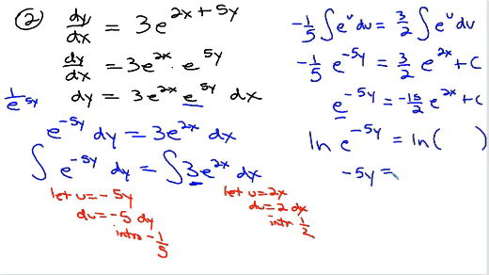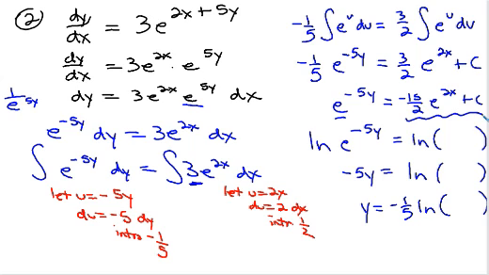On our right-hand side, we have the natural log of this mess. And then I divide both sides by -5. So y equals -1/5 times the natural log of that mess, this thing up here. And that is a general solution. Like it or not, that's a general solution.